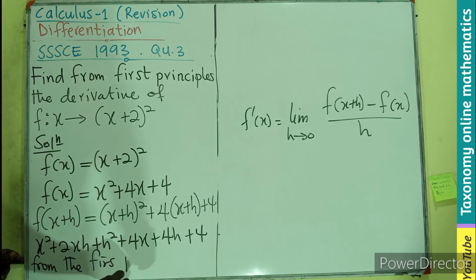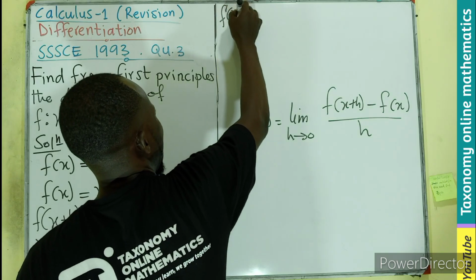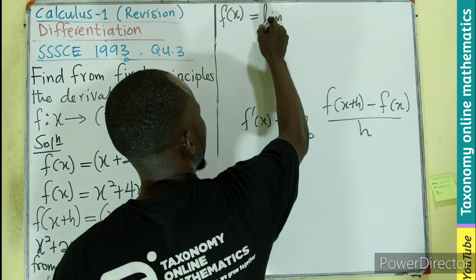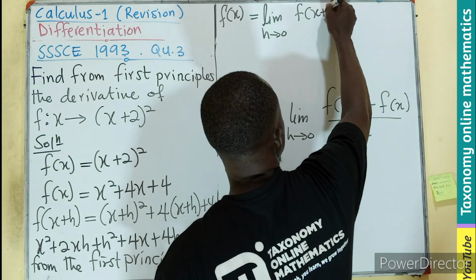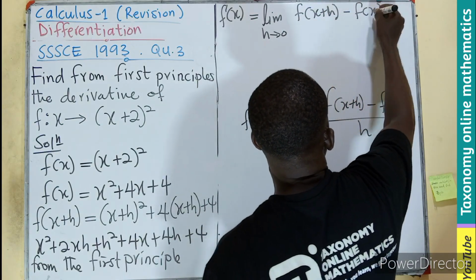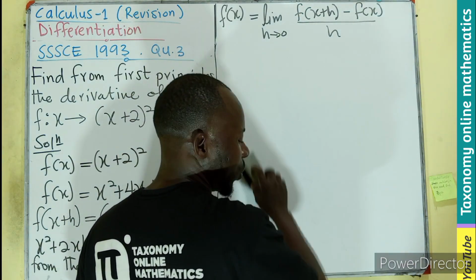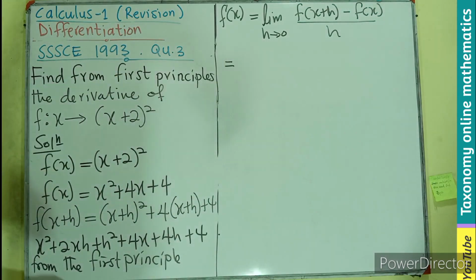Alright, so we can say that from the first principle, we have the derivative of f of x is going to be the limit as h is approaching 0 of f of x plus h minus f of x divided by h. So we can do our substitution from there. So in this case, I am going to replace the f of x plus h with all these values. Let's try.